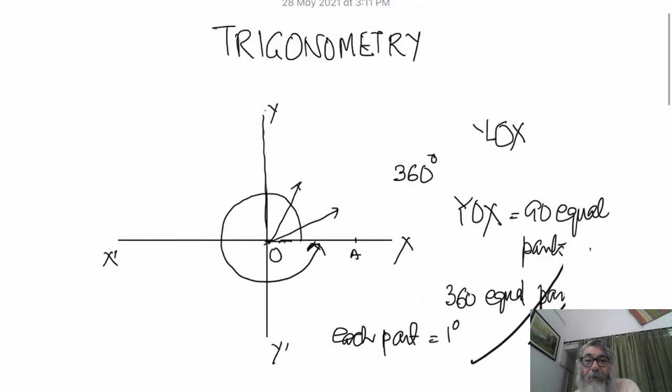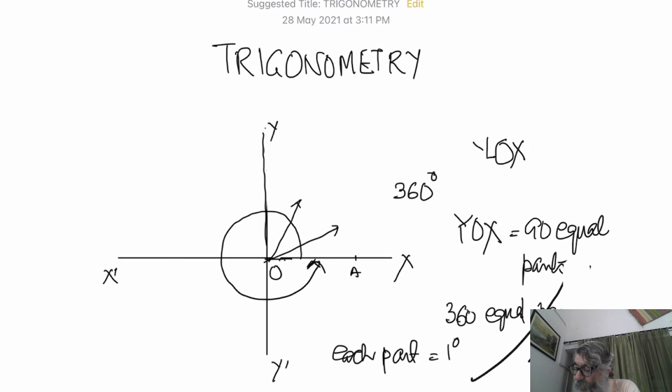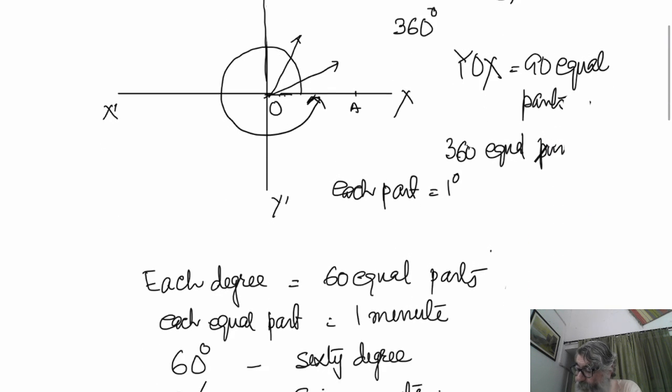I started with trigonometry. I discussed that we need a system of measurement for angles, and we said we have two systems. One is the sexagesimal system.